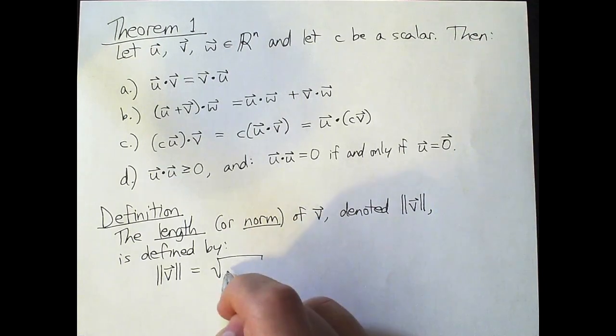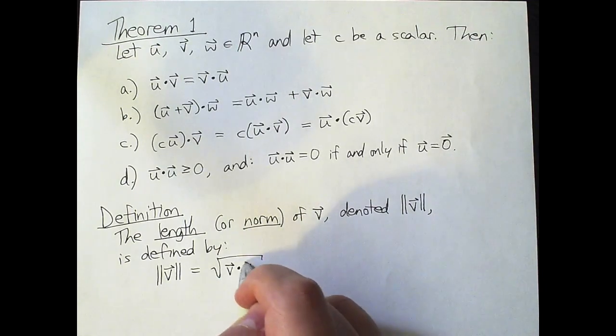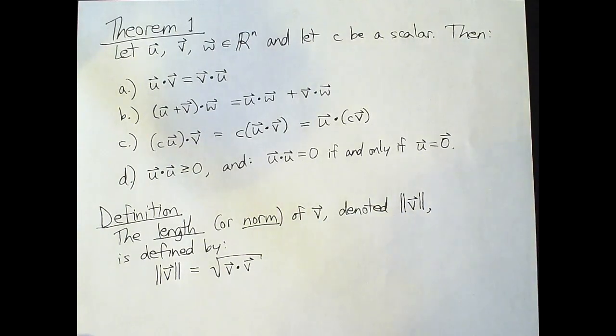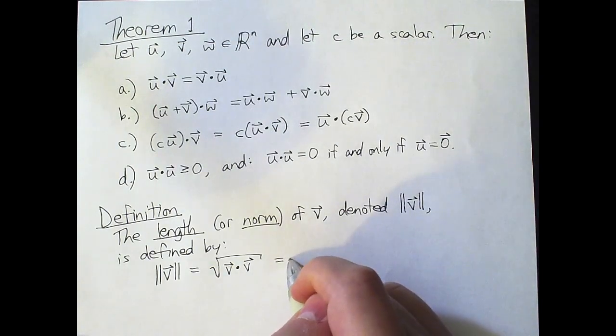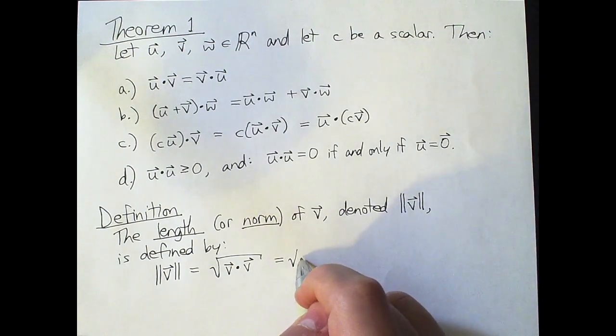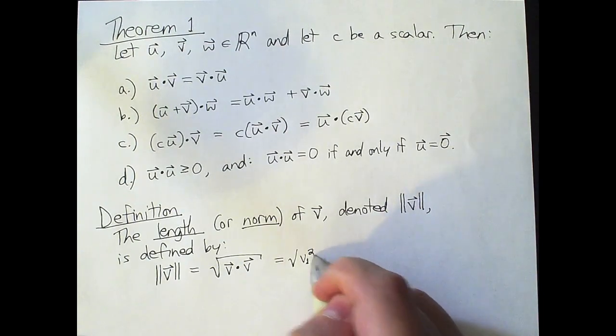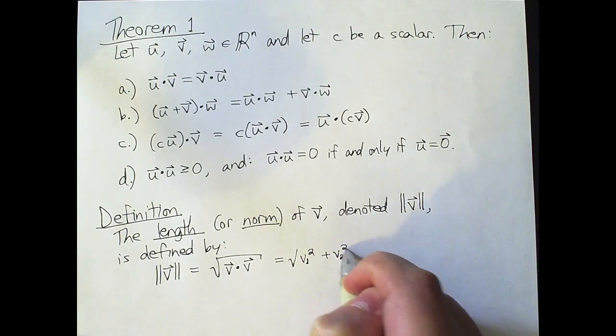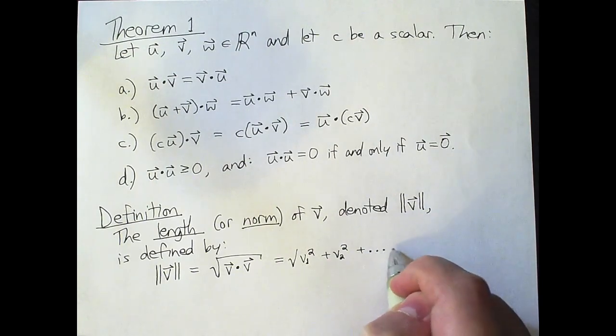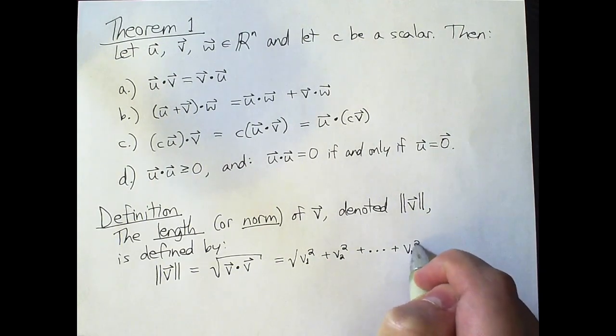All right, I'll tell you the definition. It's going to turn out to be the square root of v dot v. Look at that. So what does the square root of v dot v look like? Well, it's the square root of v1 times v1, v2 times v2, but we could just write it as v1 squared plus v2 squared plus dot, dot, dot, all the way up to vn squared.